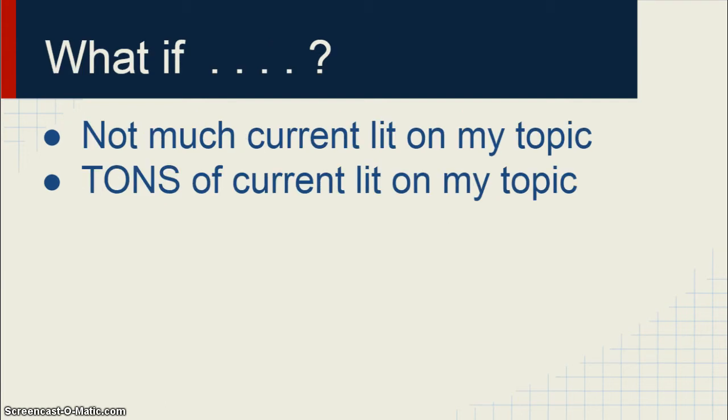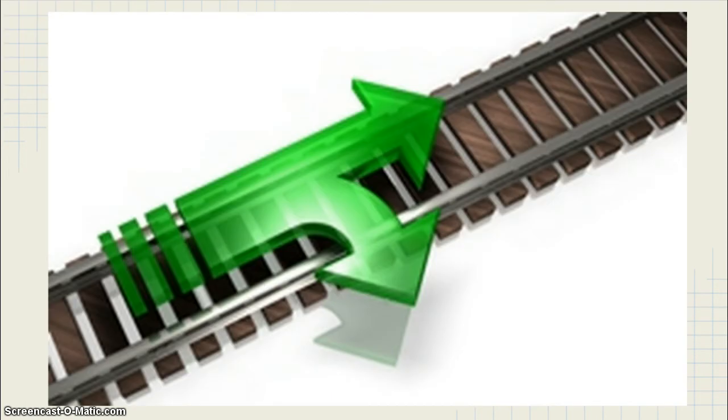So what if there's not much current literature on my topic, or there's tons of current literature on my topic? Well, both of these things happen, and we need to have a way to make sense of either of those occurring. If there's not much lit, we need to get off the main tracks.